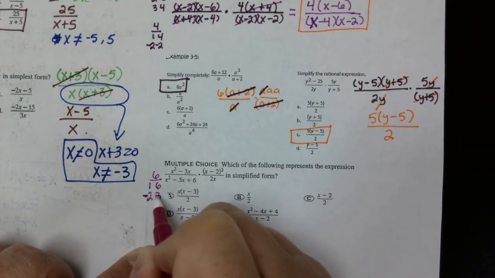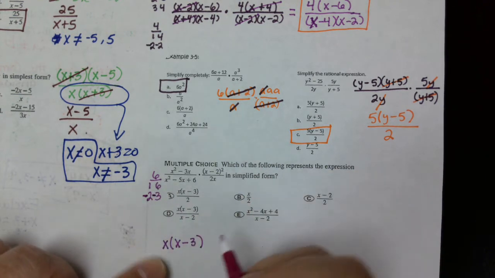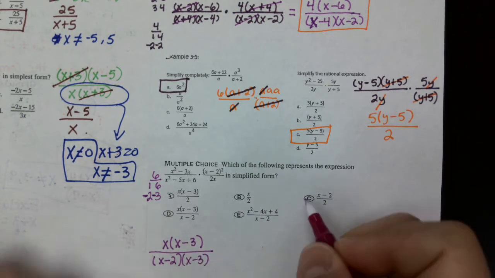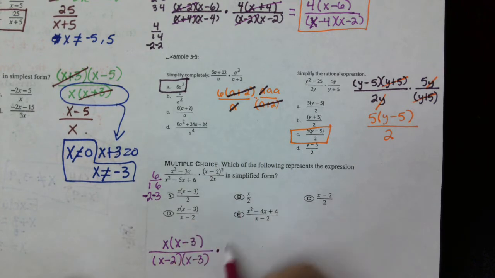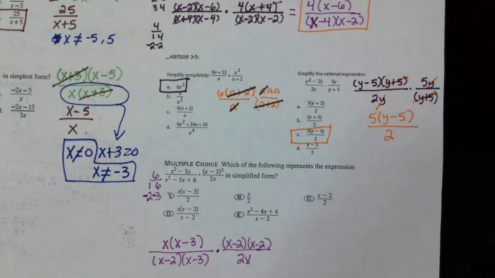So I need both of these to be negative to give me a positive 6. And when they add, they give me a negative 5. So that is going to be x minus 2 times x minus 3. This, all I need to do is just expand this. X minus 2 times x minus 2. And then 2x, I'll just write it the same way.